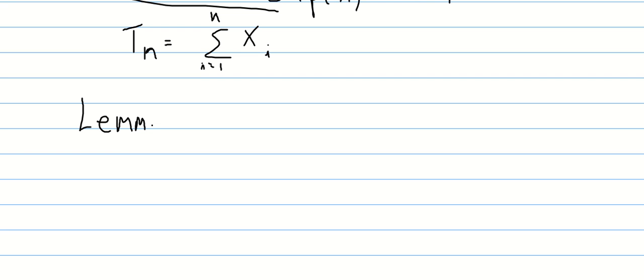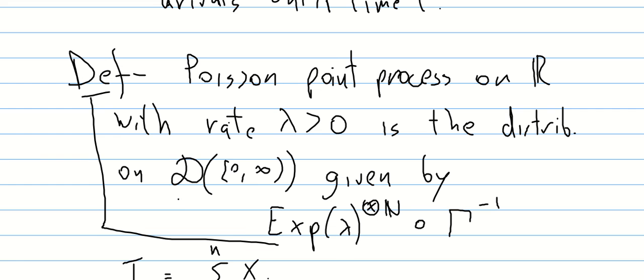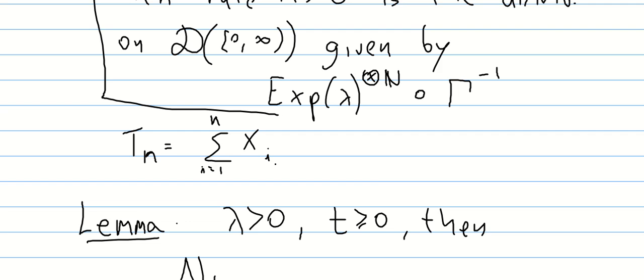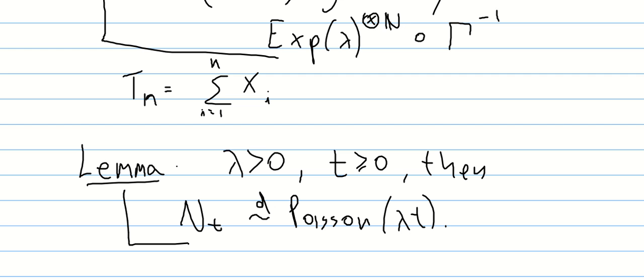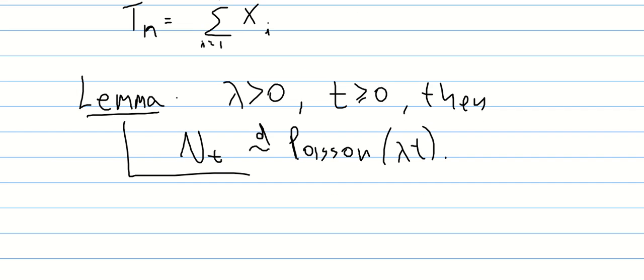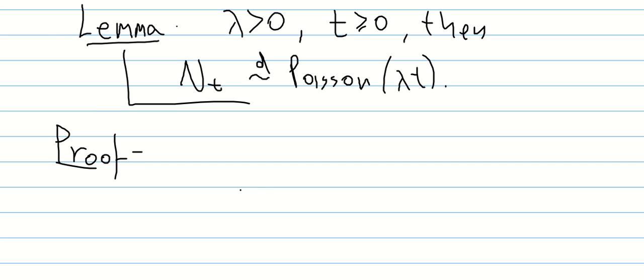The first is this lemma that says if you fix lambda bigger than 0 and take some fixed time t, then N_t is a random variable, and this random variable has distribution Poisson(lambda t). So this is what relates the above definition with the Poisson distribution that we talked about in the last class. The proof is going to be simple, but it's a very nice application to exercise conditional expectations.